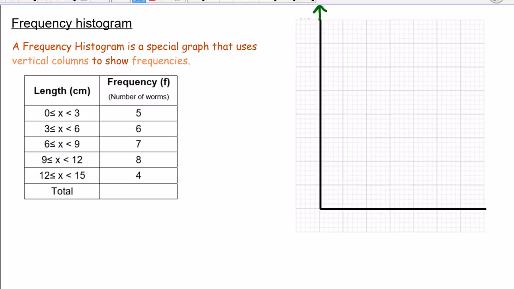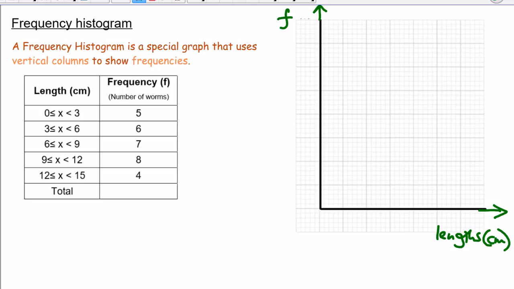Now the vertical axis will represent the frequencies and the horizontal axis will represent the length of the worms. So this will be length in centimeters.